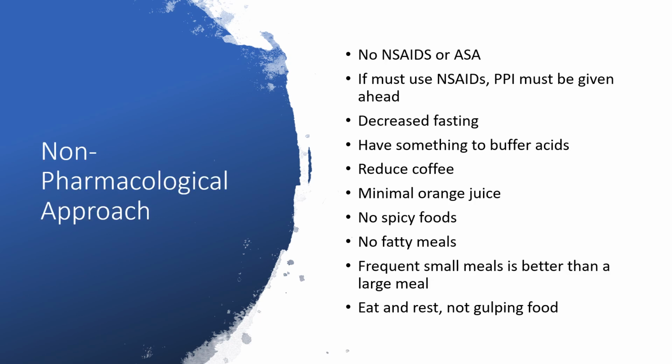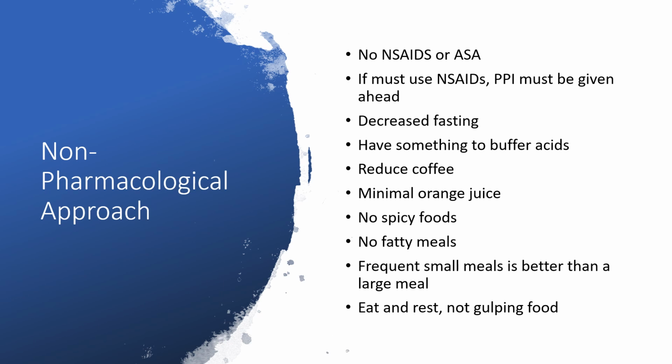Okay. We have taken the history, we've made definitive diagnosis whether it's functional or not, and we want to start intervention. The first thing to do is pieces of advice under the umbrella of non-pharmacological approach. Okay, so if the history has revealed that non-steroidal anti-inflammatory drug usage is involved here, stop it.